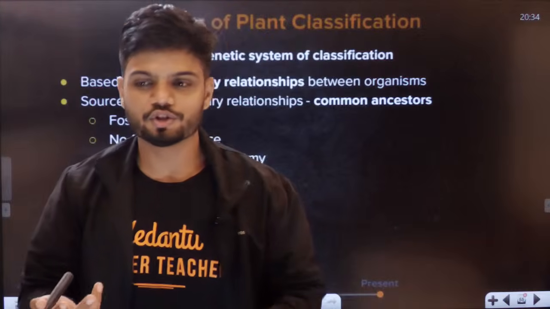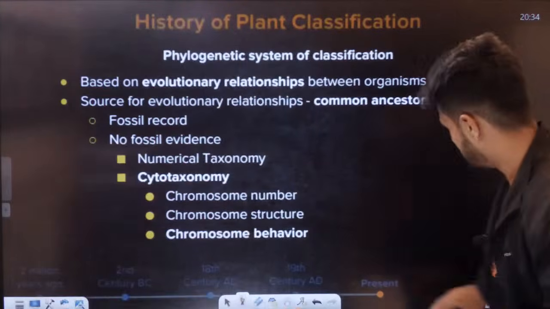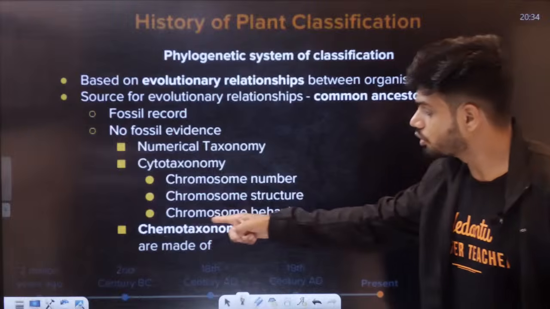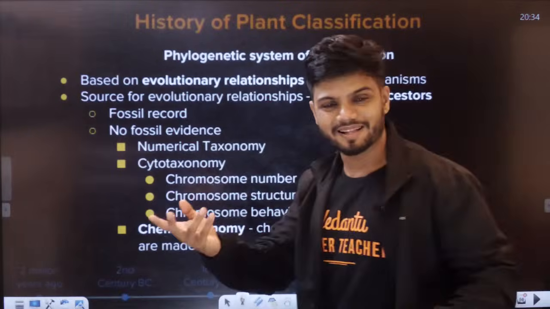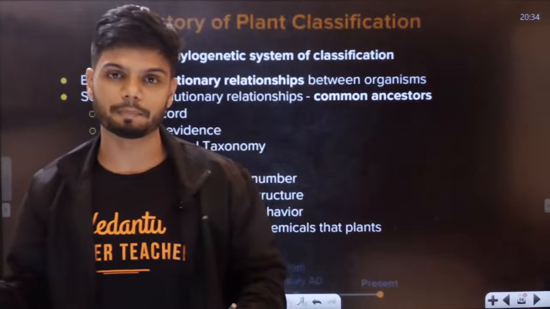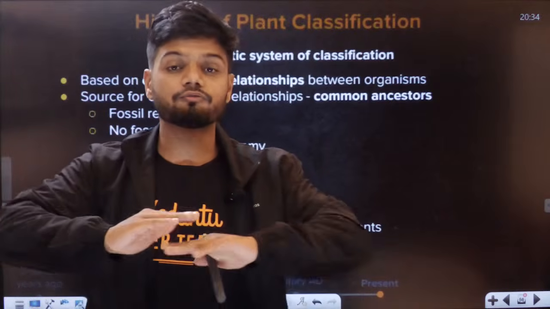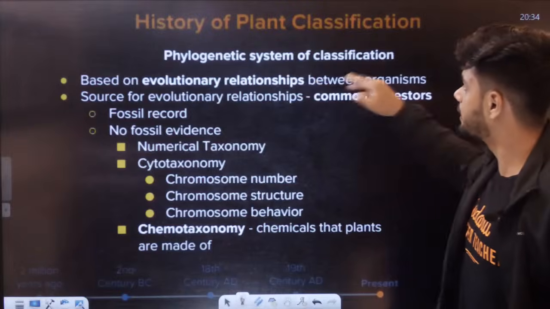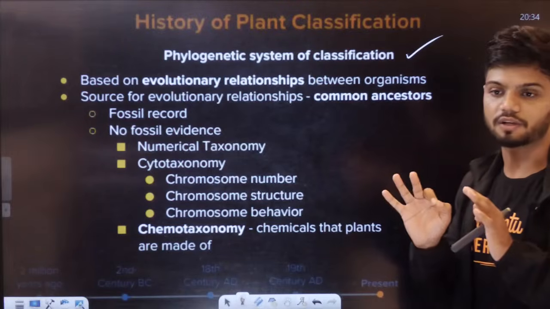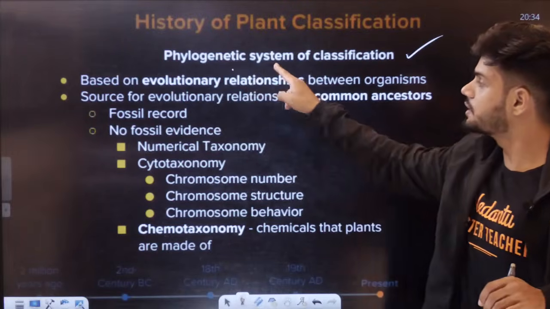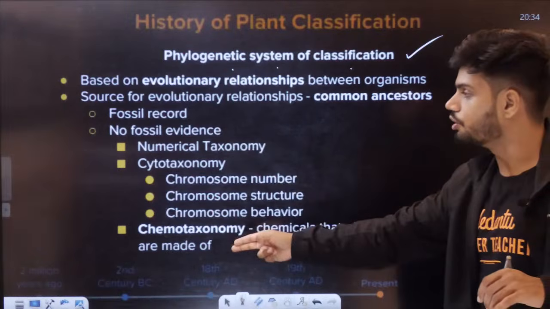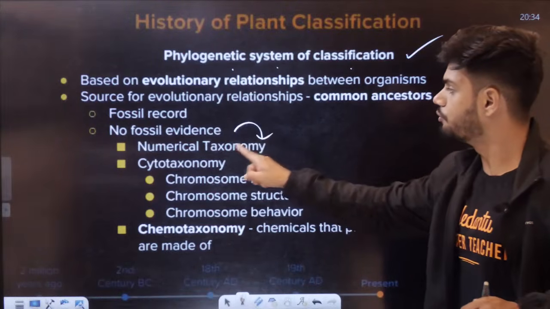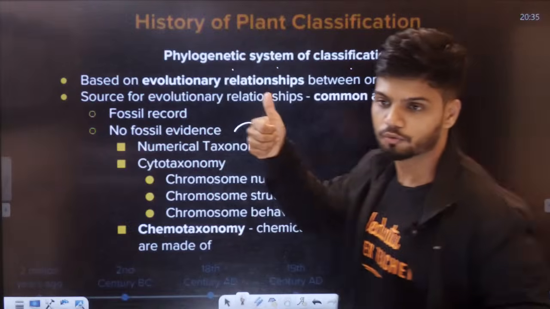We can also use chemotaxonomy: the primary metabolites and secondary metabolites released by the plants. Whenever fossil records are absent, we can use all of these to make the phylogenetic system of classification. Clear, all of you?